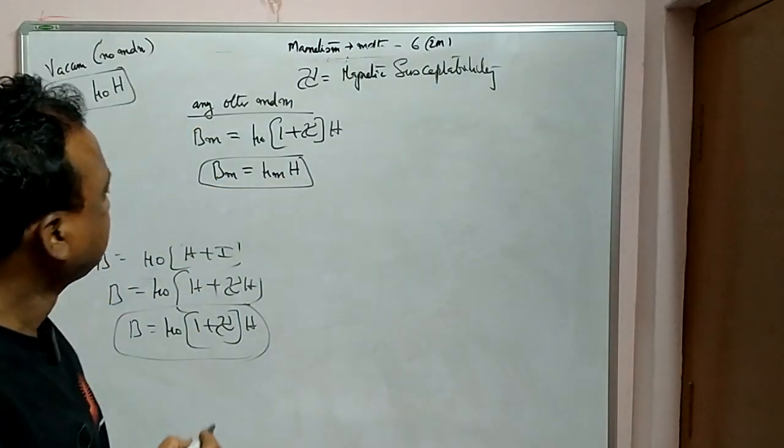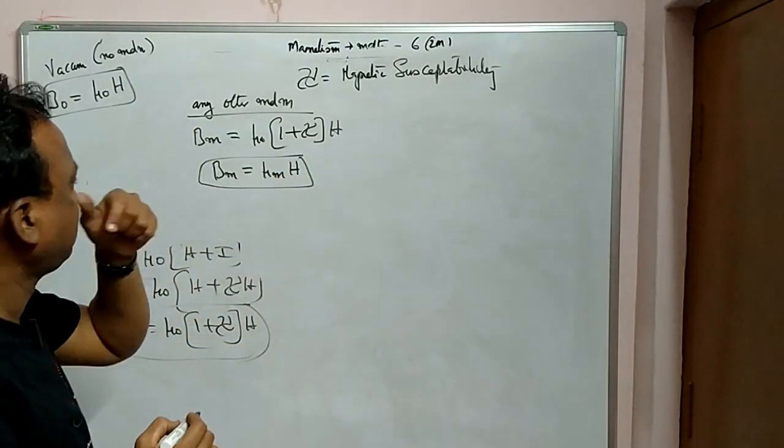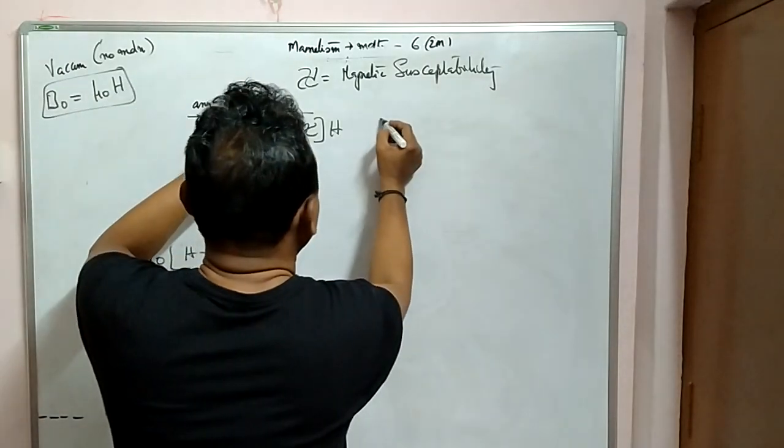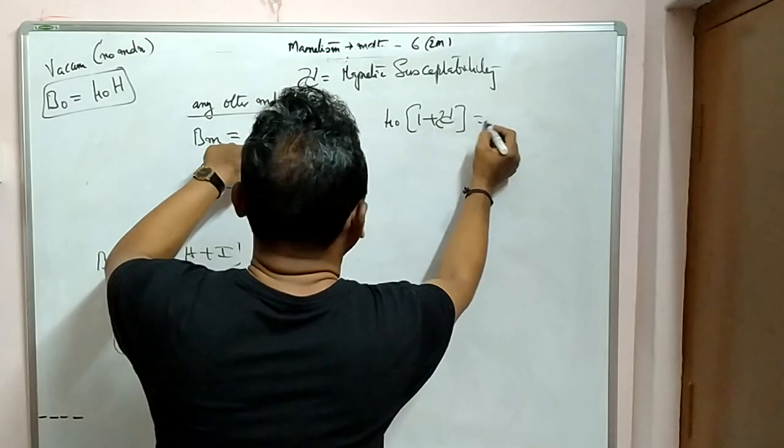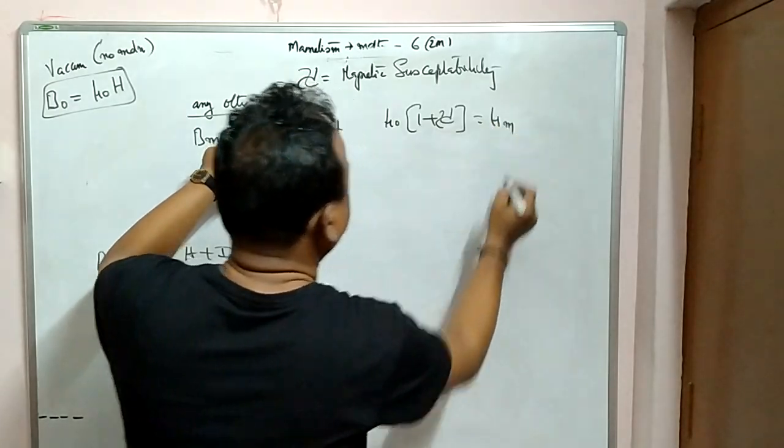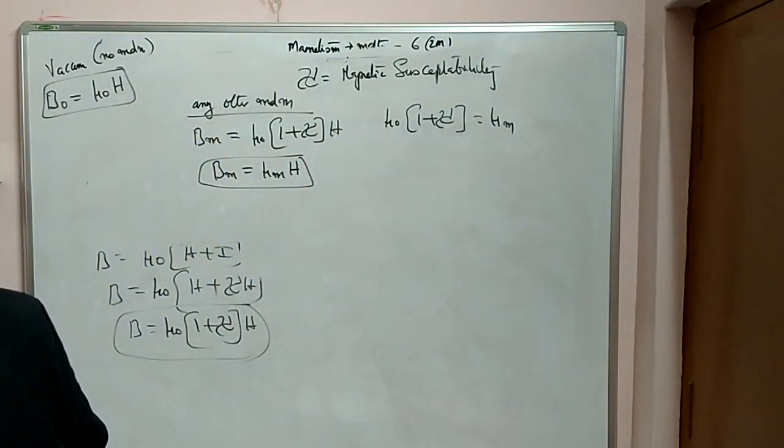This mu naught into 1 plus zeta or psi becomes mu m.